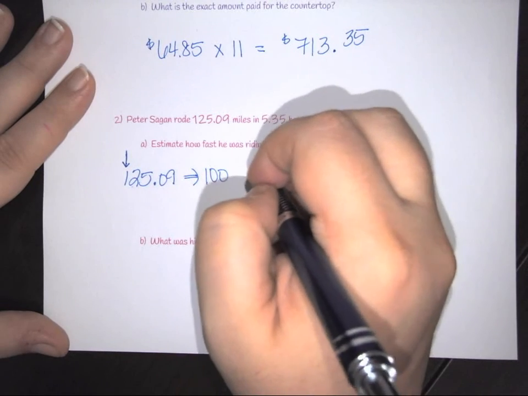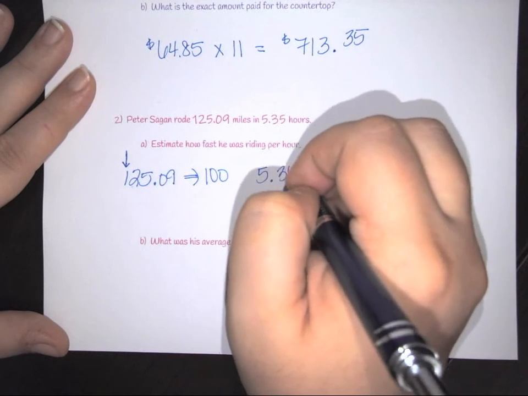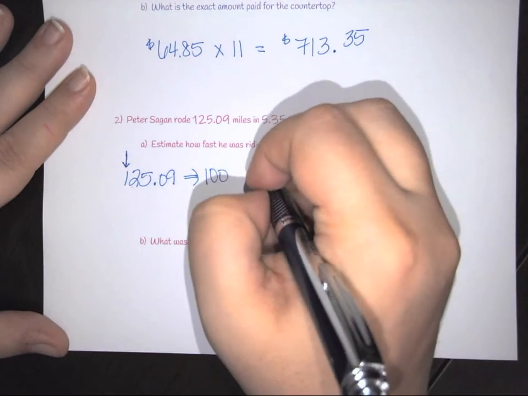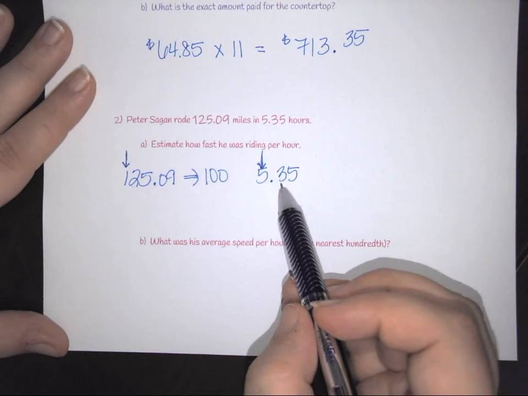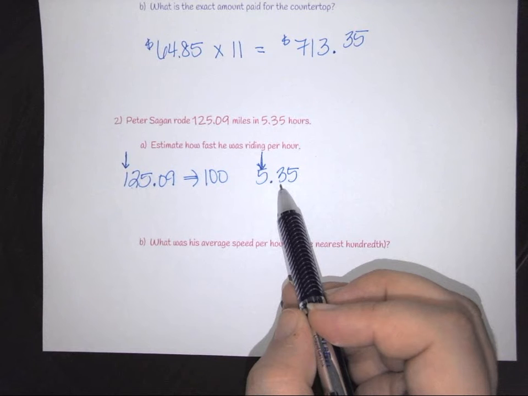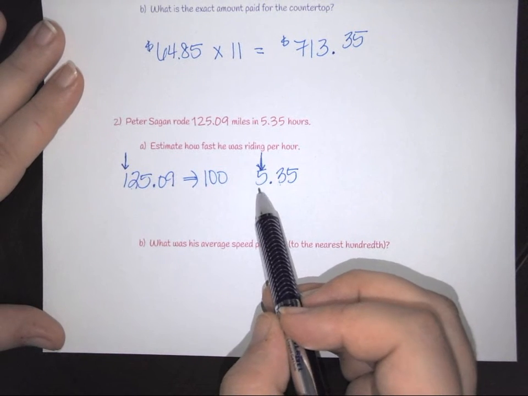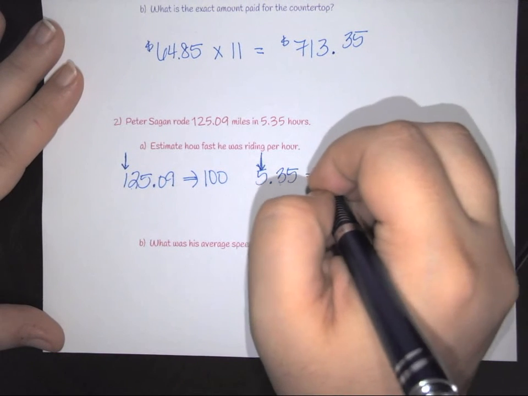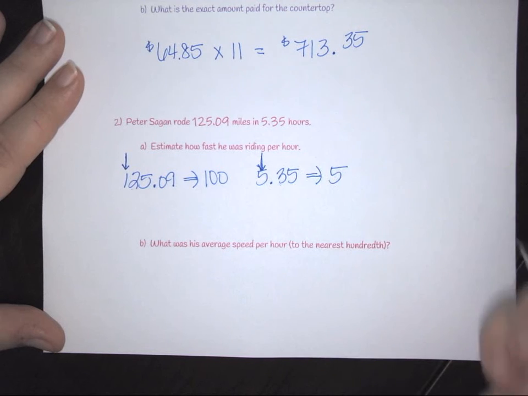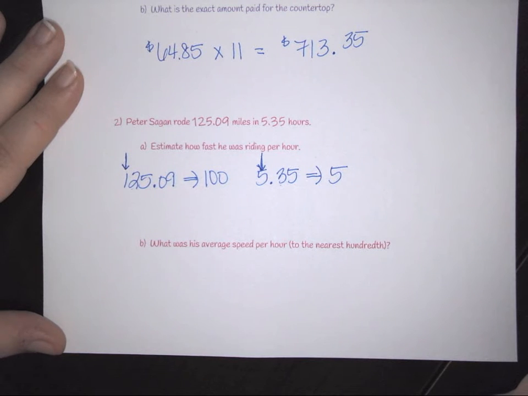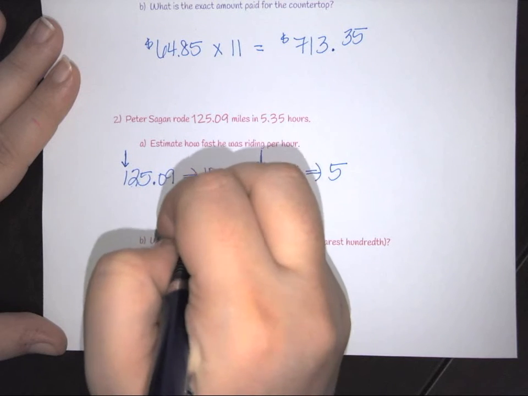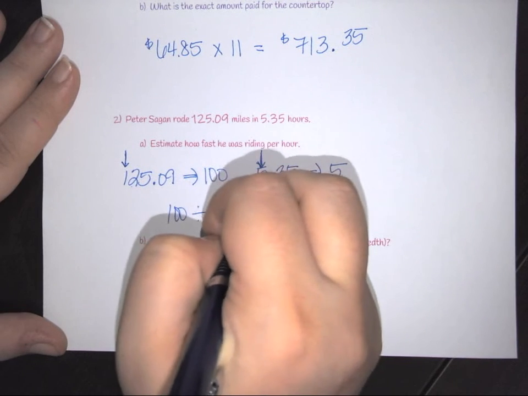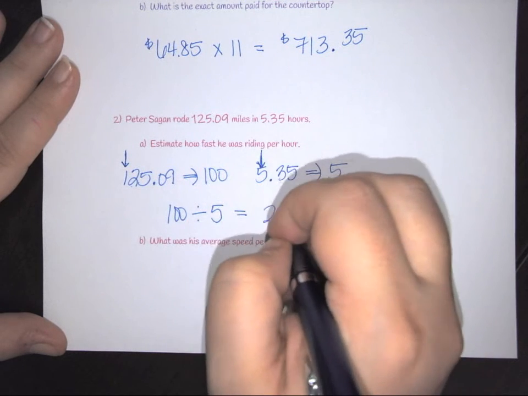And then I have 5.35 hours. We're going to look at the leftmost digit, which is the 5 here. The 3 is going to tell us what to do. Since it's less than 5 and the 5 is in the 1's spot, this is going to round to 5. So to estimate, we have 100 divided by 5 is going to give me 20.